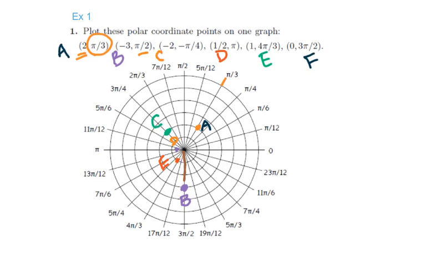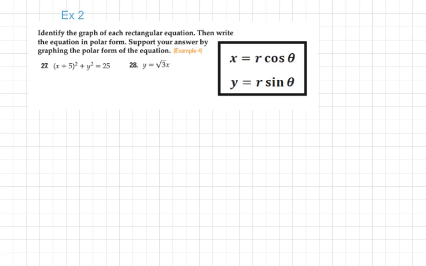Then r equals 0, it will be the origin here. So let's label this F. Yeah, that's all these 6 points on the polar coordinate system. Now let's go to example 2.